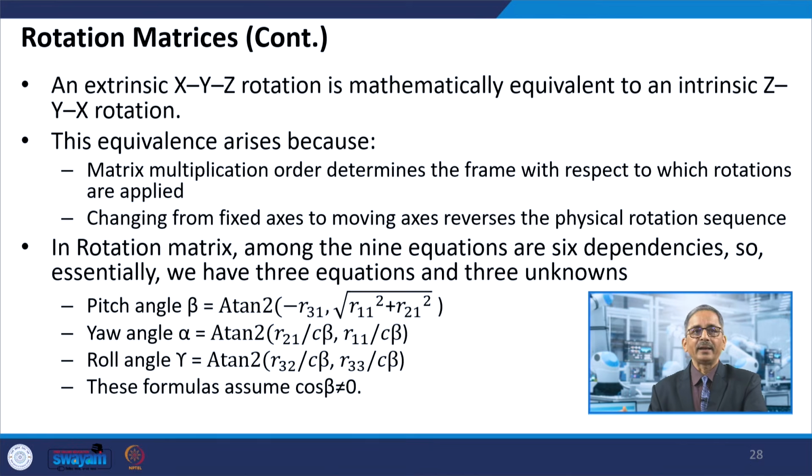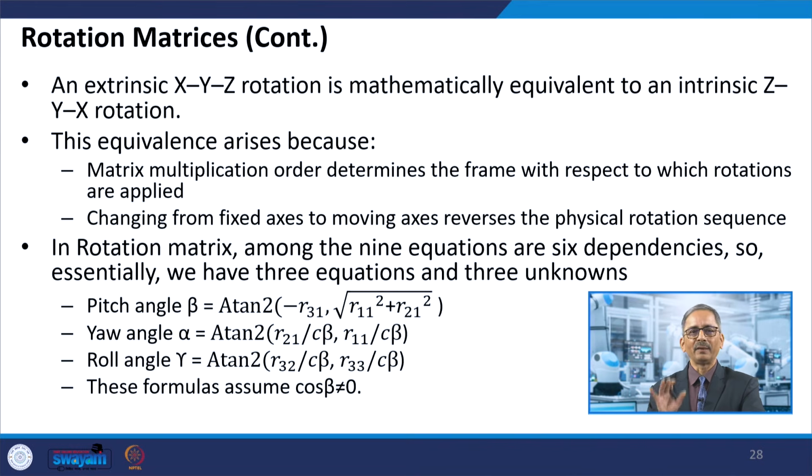So, an extrinsic xyz rotation is mathematically equivalent to the intrinsic zyx rotation, that is, xyz fixed angle is similar to the zyx Euler angle representation, and this equivalence arises because matrix multiplication order determines the frame with respect to which rotations are applied, and changing from fixed axis to moving axis reverses the physical rotation sequence.